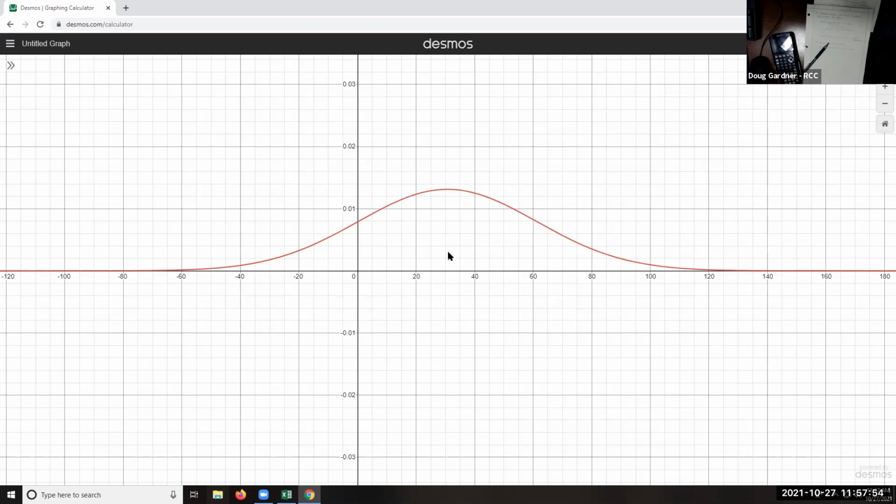And so that would be the area to the left. And notice the inverse falls to the area to the left. That's why we have to draw this picture. Okay, so what is that? One.